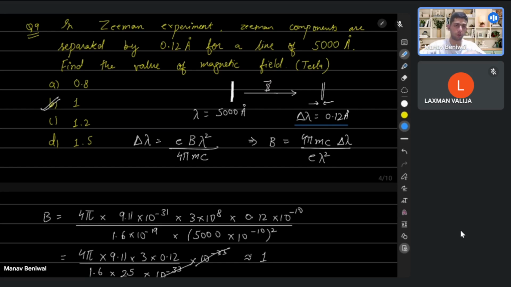If you can resolve wavelengths much below this number, only then you can get this value. So for the Zeeman experiment, firstly, we need a strong magnetic field, and secondly, we need very high resolution spectrometers. Otherwise, we will not be able to observe this small shift.